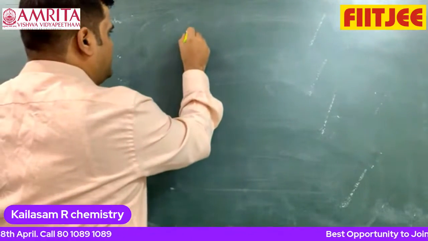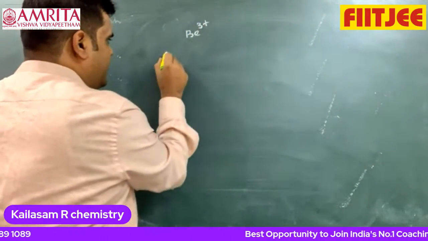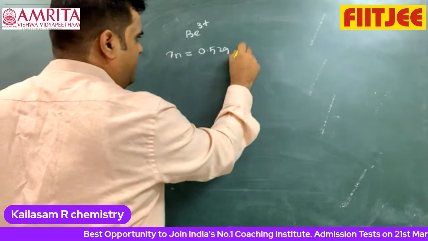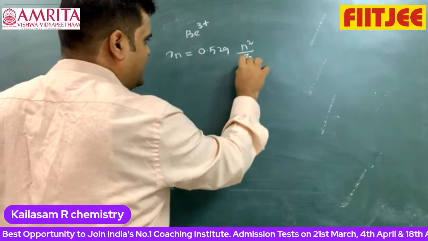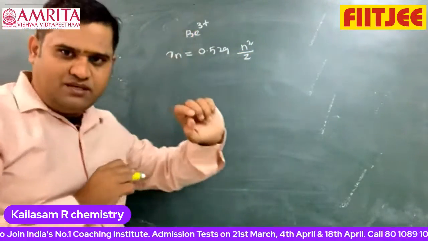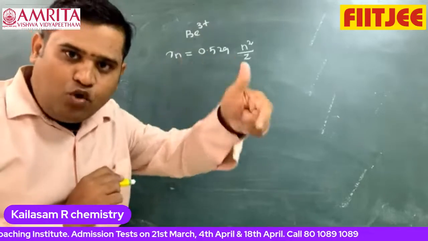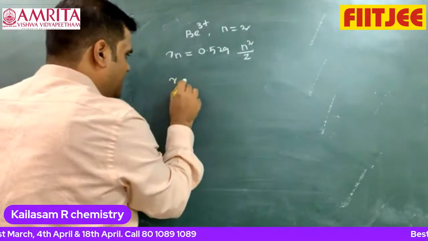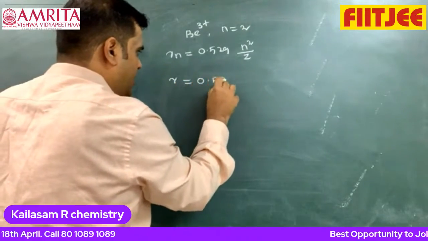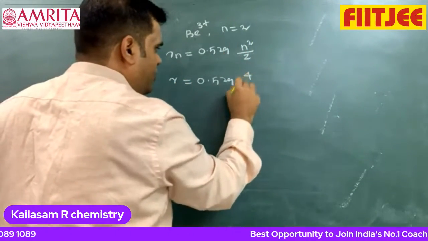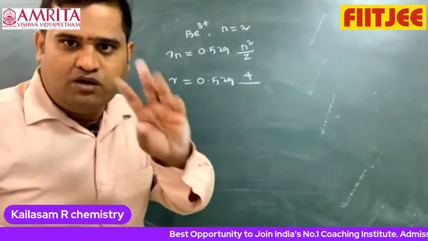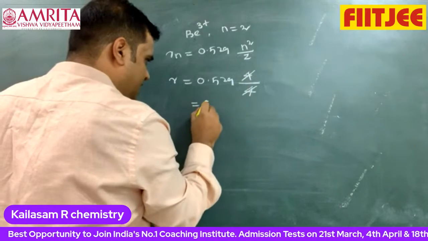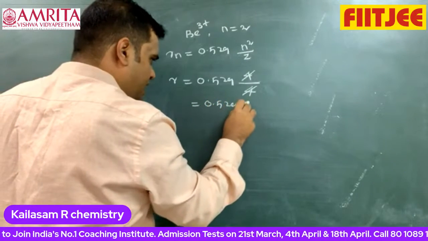Rn is equal to 0.529 n squared by Z. In beryllium 3 plus, for the second Bohr orbit, n squared is 4, and the atomic number of beryllium 3 plus is 4. The 4 cancels out, so I can write 0.529 angstrom.